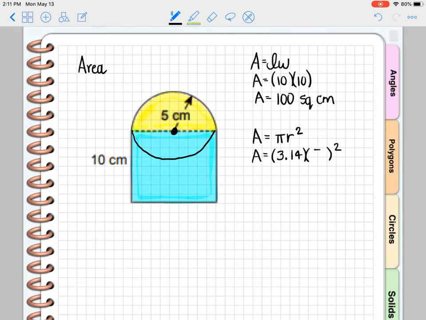The 5 is your radius. So we have 25 for 5 times 5, and 3.14 for pi. And so that is approximately 78.5 square centimeters.